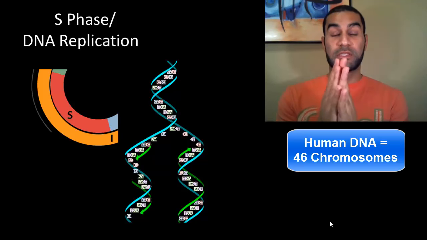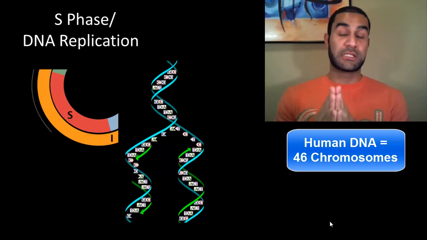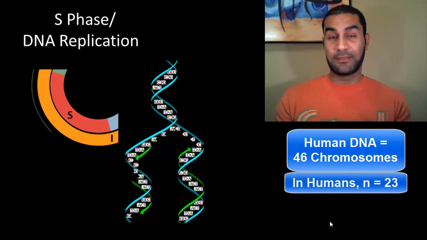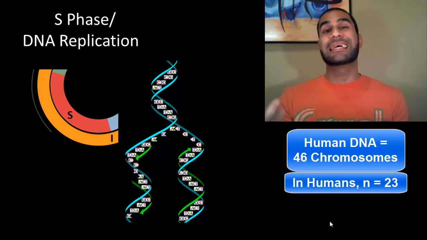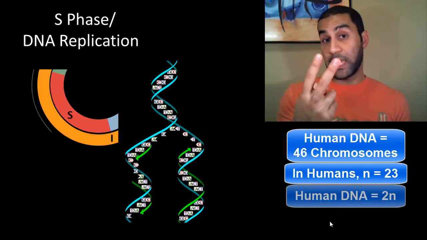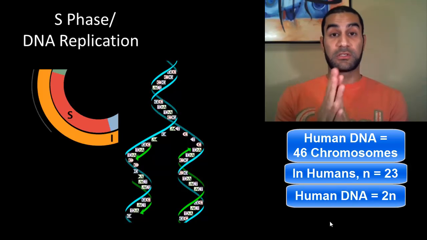So if the whole human DNA line has 46 chromosomes, each parent contributed half of that, right? Mom gave 23 chromosomes, Dad gave 23 chromosomes. We're going to use the letter N in this case. So 46 chromosomes is actually the same as 2N, because remember that's both of your parents contributing together.